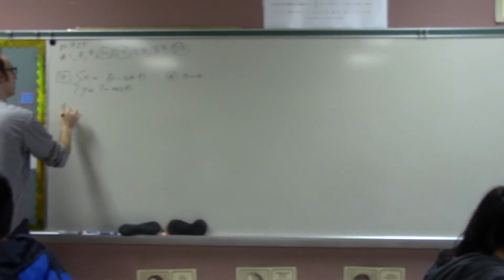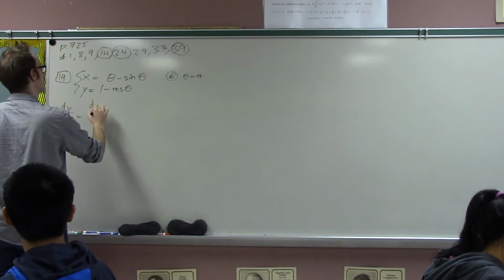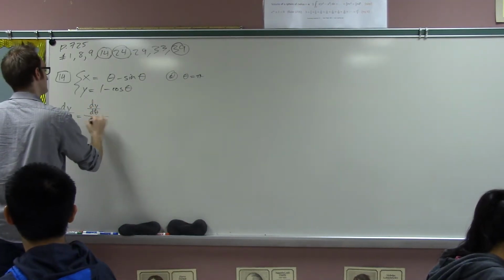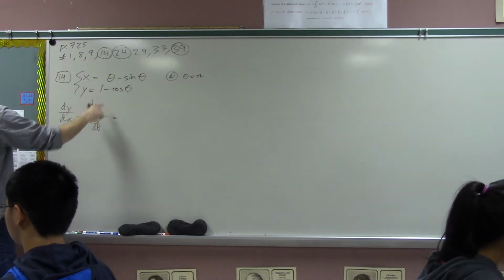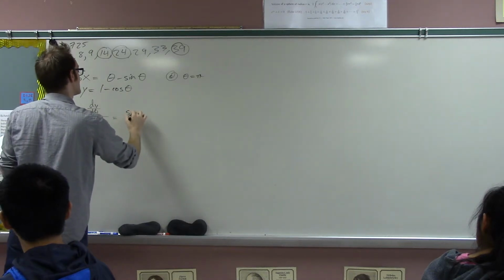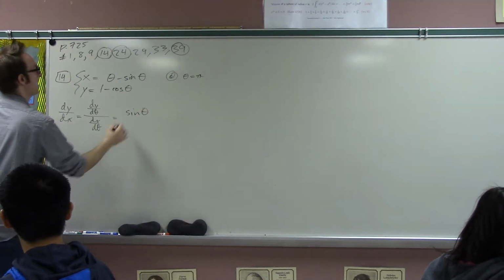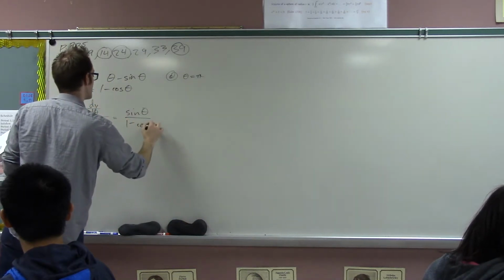I want to know what dy/dx is. Last class we learned that dy/dx is just going to be dy/d theta over dx/d theta. So we can just differentiate these individually. The derivative of 1 minus cosine theta is just sine theta, over the derivative of x, which is 1 minus cosine theta.